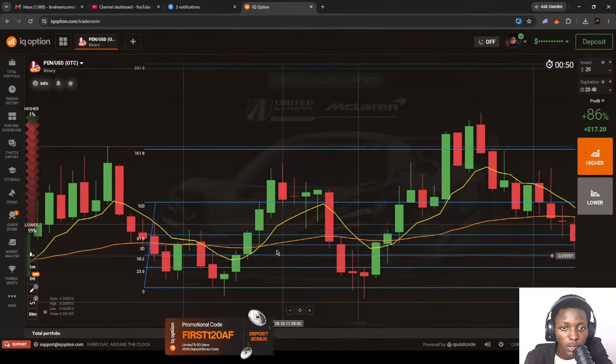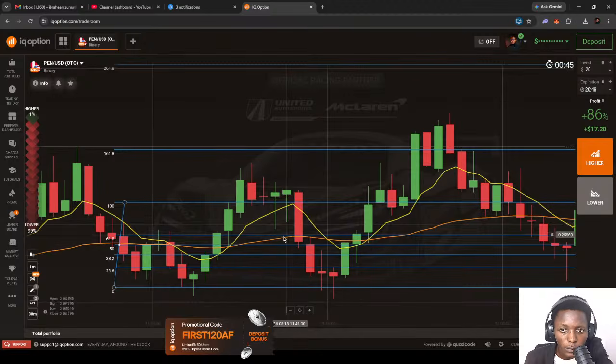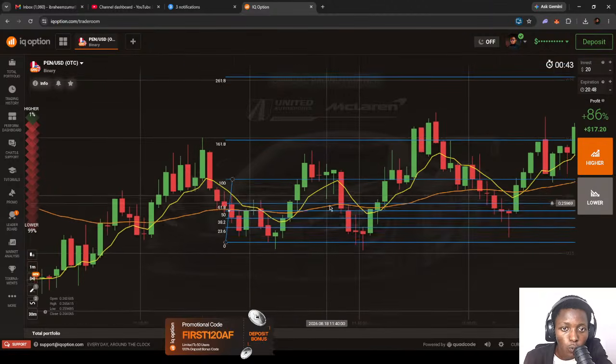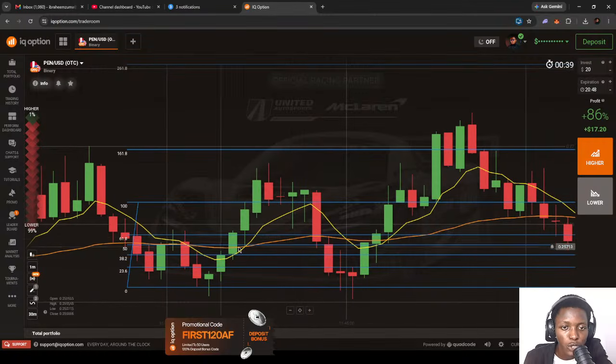But what I was trying to show you guys is this section where the market is in a period of consolidation and there's no clear direction, and around here it is worth waiting. You don't have to open any position around this section. You just have to wait for a clear entry.